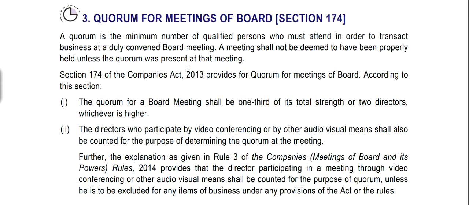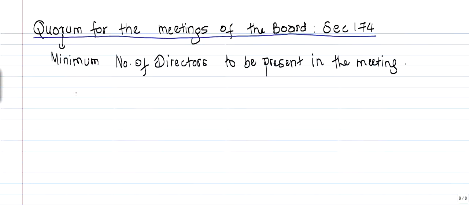Section 174 of the Companies Act 2013 provides quorum for a meeting of the board. According to this section, the quorum for a board meeting shall be 1/3 of its total strength or 2 directors, whichever is higher. So 1/3 or 2, whichever is higher.